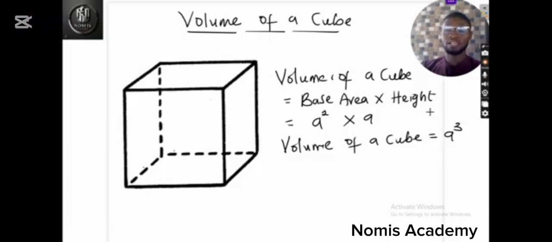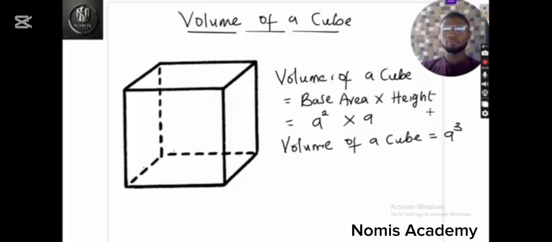It's as simple as that. Let's solve some questions on volume of a cube or cubic container. There are some things that take the shape of a cube, like your Maggi and other things that take that shape.